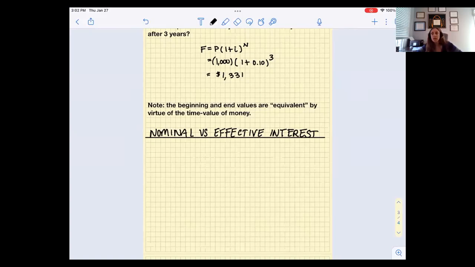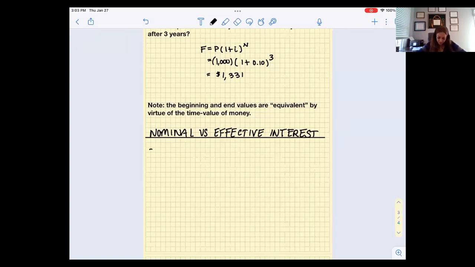They will advertise the APR. Let's say you were to buy a car and get a car loan, they'll advertise the APR, and you'll think that's the interest you're actually paying, but it's not. It's veiled by the fact that your loan compounds more than once a year. You're making payments once a month, usually, not once a year. So they'll give you this annual interest rate that doesn't really make sense because it's compounding monthly, not annually.